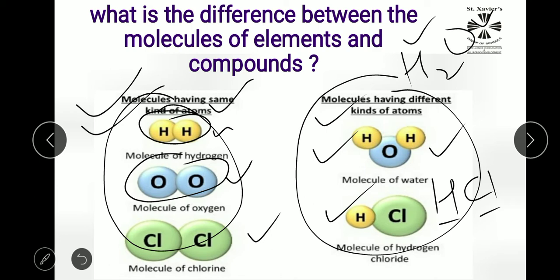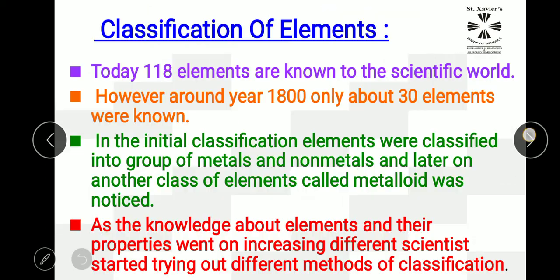If the same type of atoms are there in the molecule, we call it an element. So remember, if the types of atoms are the same, it is called an element. If the types of atoms are different, it is called a compound, students. So this is about elements and compounds.